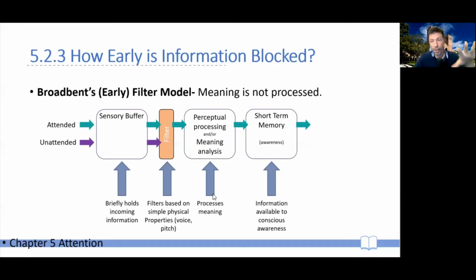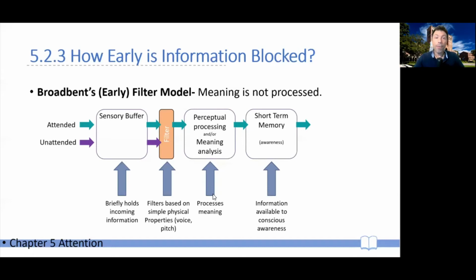The first is that the filter that decides what to keep and what not to keep, as I said, does so on the basis of very low-level physical properties. Now, this, as I said, is consistent with the results from the dichotic experiments. So this means the second important feature, that the unattended information never gets passed on to perceptual and meaning analysis, meaning the contents of what is in the unattended channel never get processed.